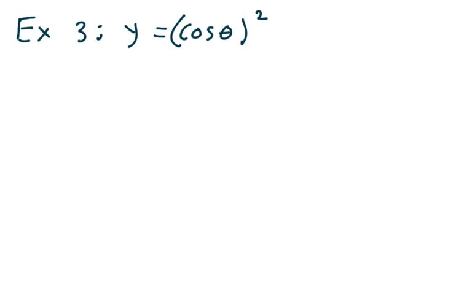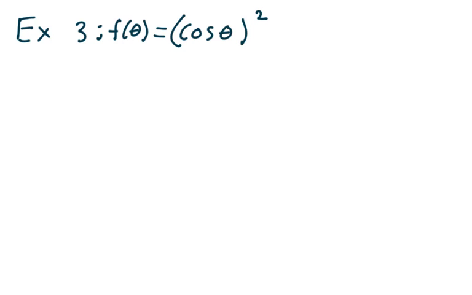Let's take a look at example 3. Suppose I had y equals cosine theta squared. Or, well, let's make it better. We'll call it f of theta.